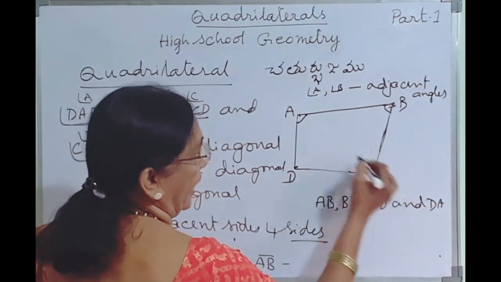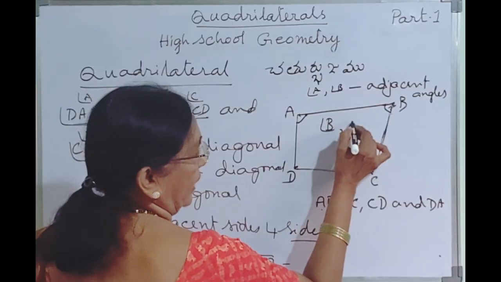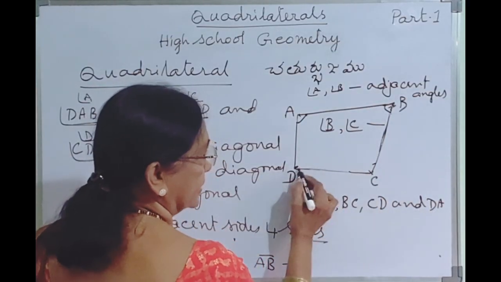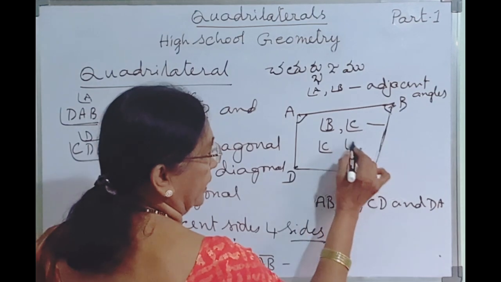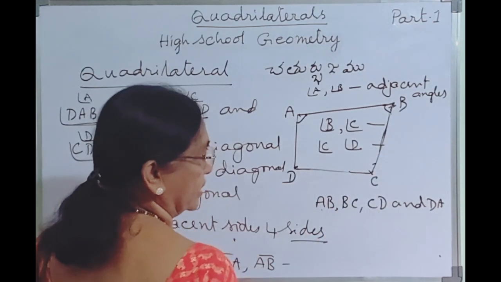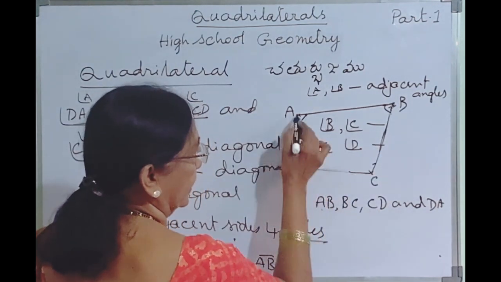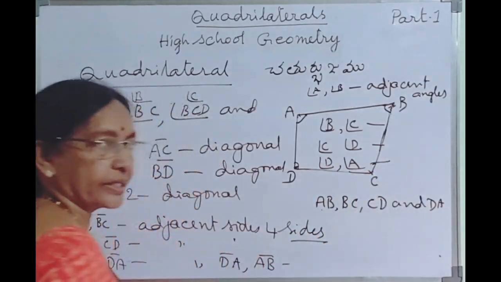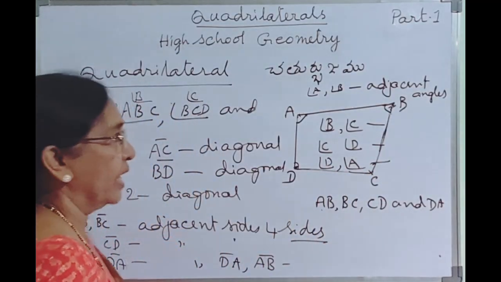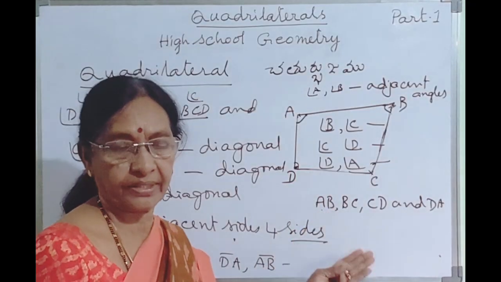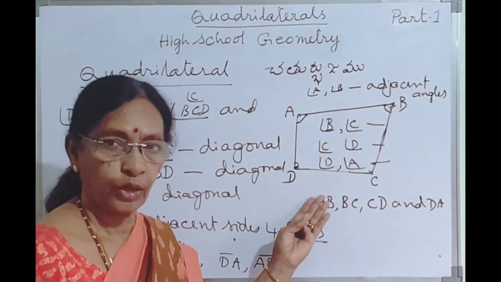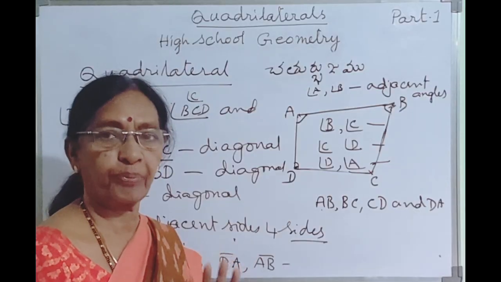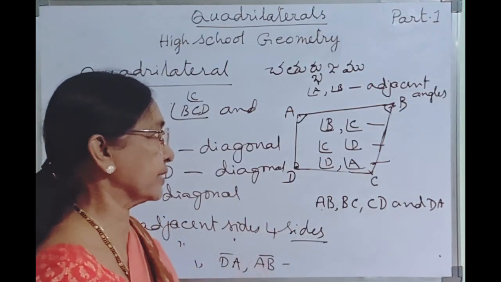Then angle B, angle C are another pair of adjacent angles. Angle C, angle D are another pair of adjacent angles. Next, angle D and angle A are another set of adjacent angles. Thus, there are four pairs of adjacent angles. Therefore, for a quadrilateral, there are four pairs of adjacent sides and four pairs of adjacent angles.